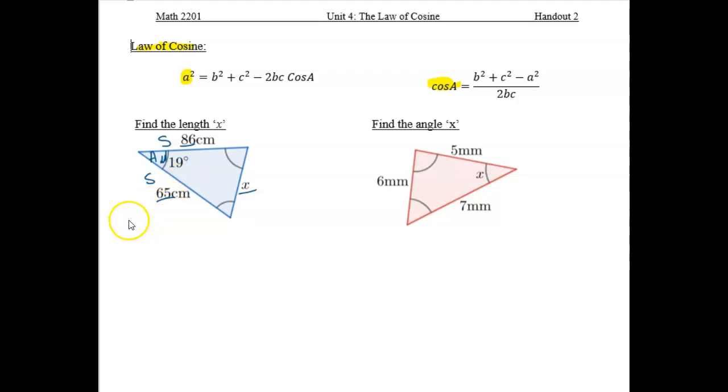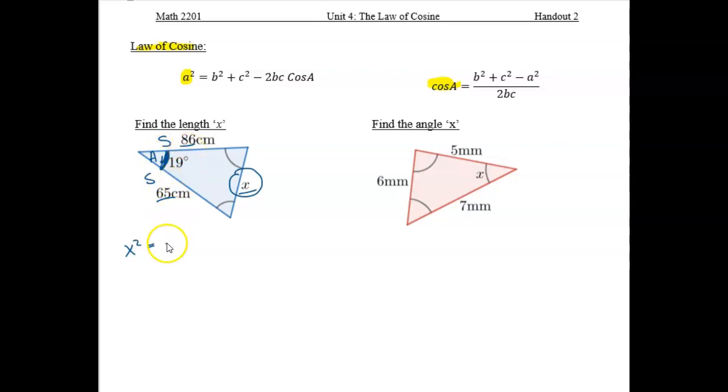Alright, so to set this up, you don't need to worry about how to label A, B, C, and cosine A. Don't worry about that. There's a pattern to how this is laid out. You always start with the unknown side. So it will be x squared. Then you take the two sides that surround the angle.